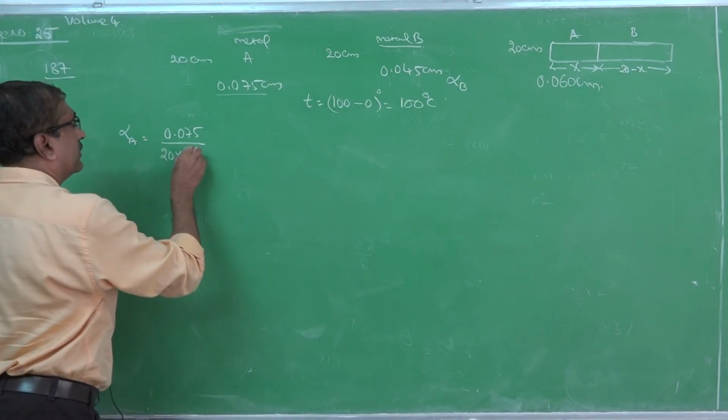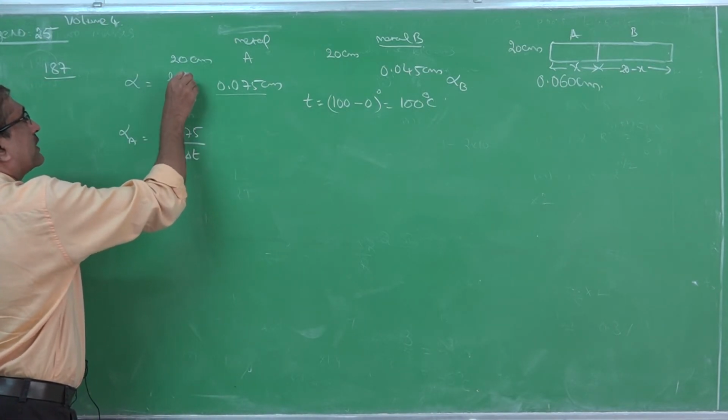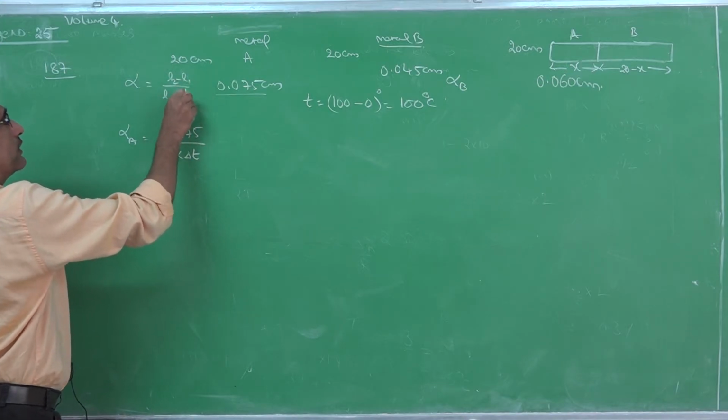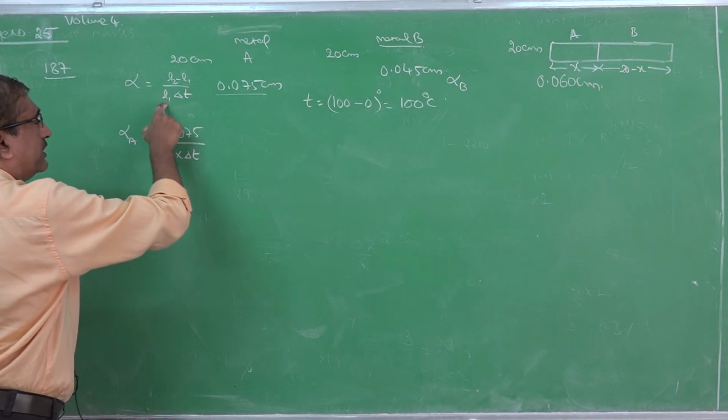Actually, alpha is equal to (L2 minus L1) by L1 into delta T. So, here the change in length is this one, 20 is the initial length, and delta T.